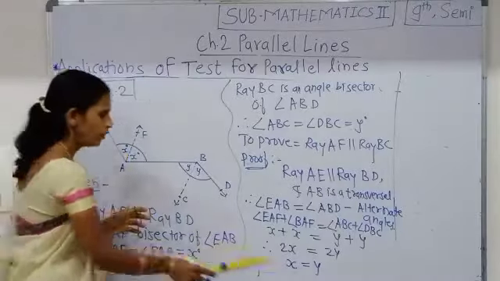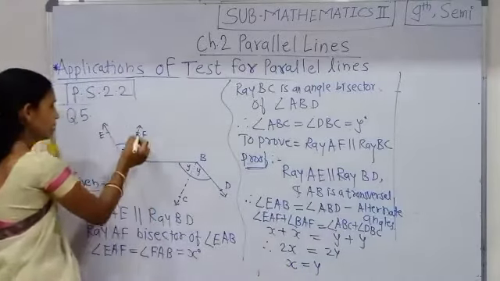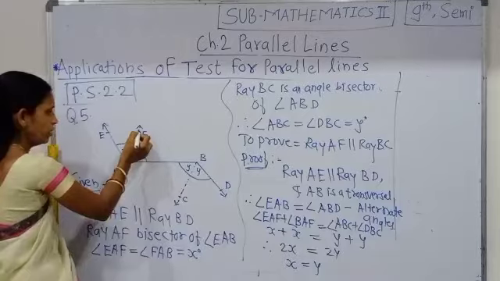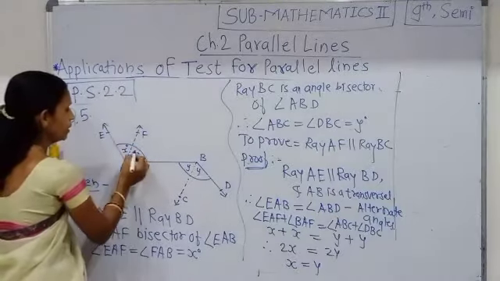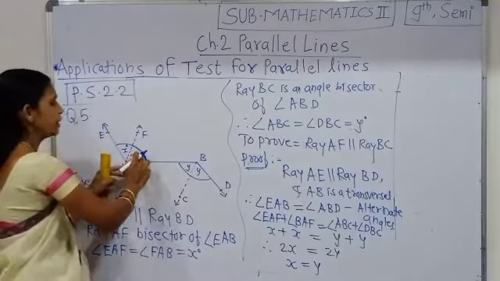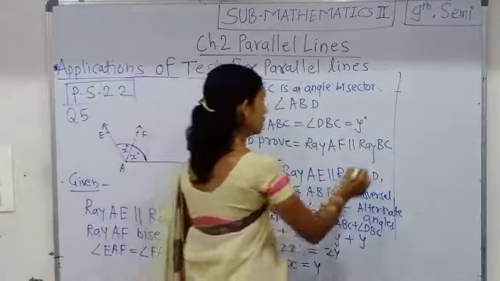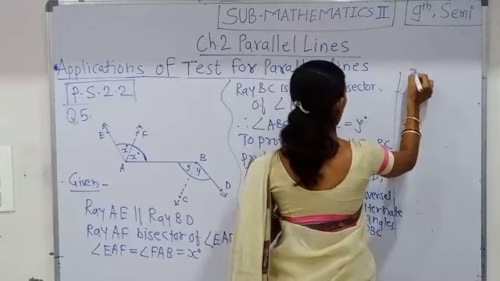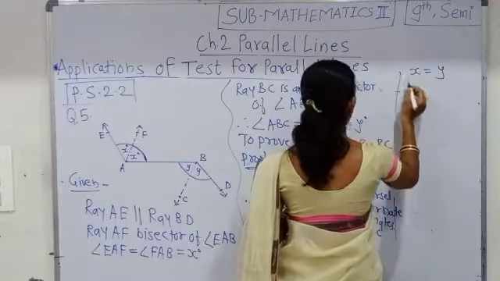Here FAB is an angle having measurement x degrees. Then here x is equal to y.